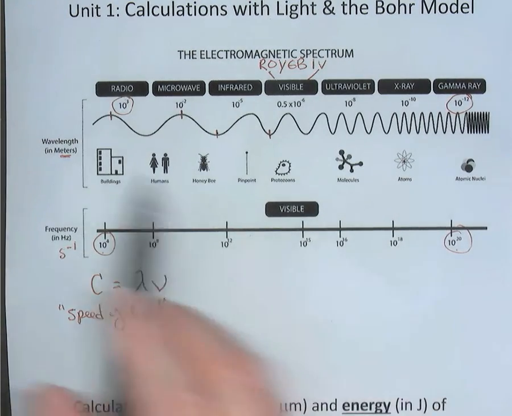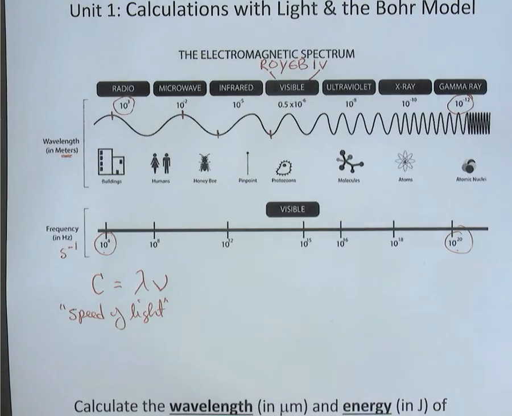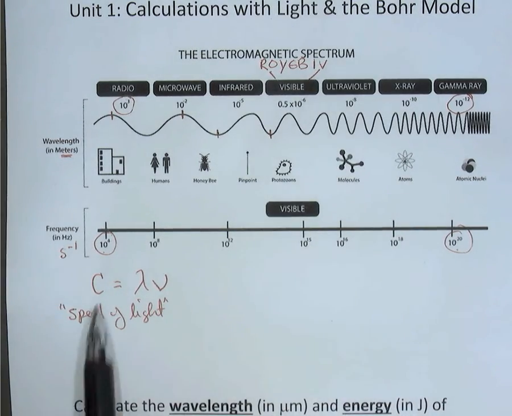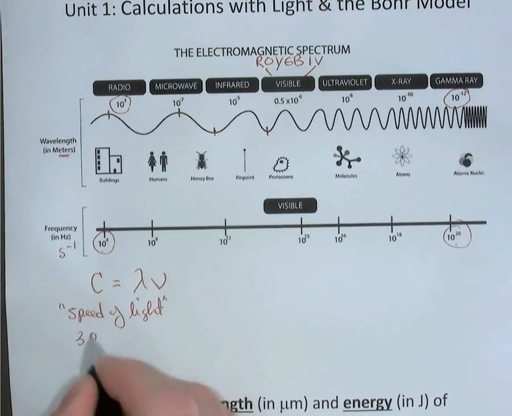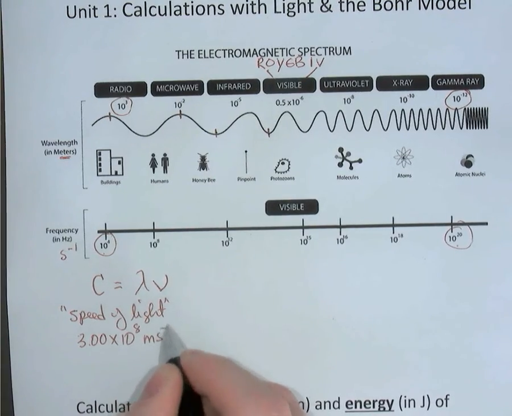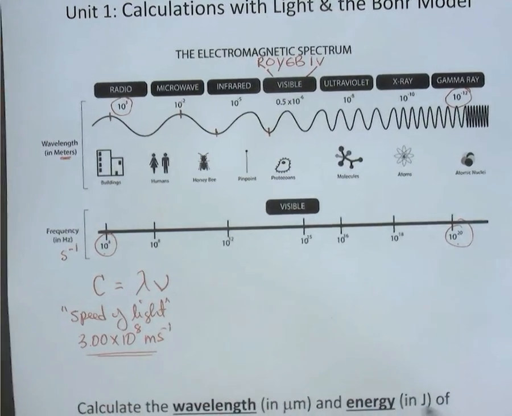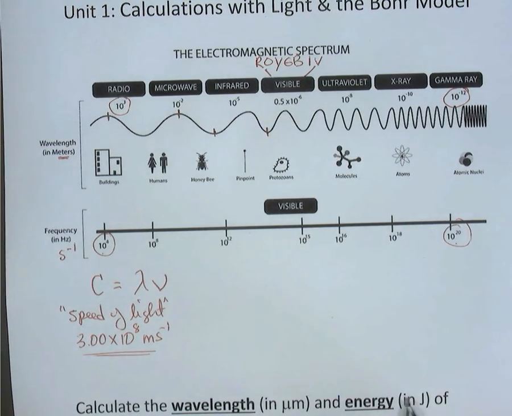And as long as the radiation is traveling within a certain medium, then that speed of light is constant. So the speed of light, for example, in outer space, in a vacuum, is 3.00 times 10 to the 8 meters per second. So that's a very, very high speed. We're always going to be using that value for radiation, for the speed of light.